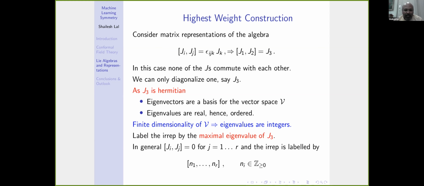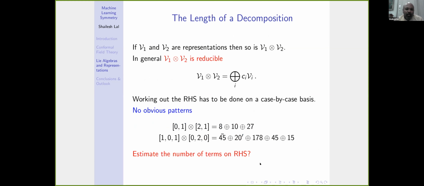In representation theory, this is called the Cartan subalgebra, and in physics, we often call it the complete set of commuting observables. In which case, if you have R such generators, then you would have R such integers.